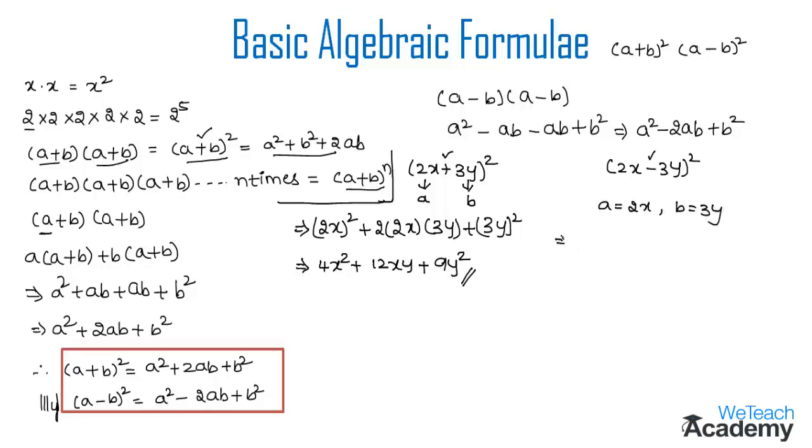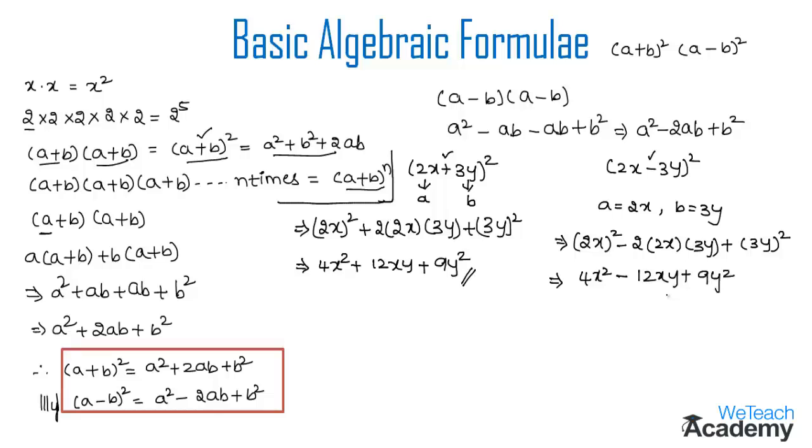Writing this in the form of a square minus 2ab plus b square, we get 2x whole square minus 2 into 2x into 3y plus 3y whole square. By finding the products, 2x whole square comes as 4x square, 2 into 2x into 3y gives minus 12xy, and 3y whole square comes as 9y square.